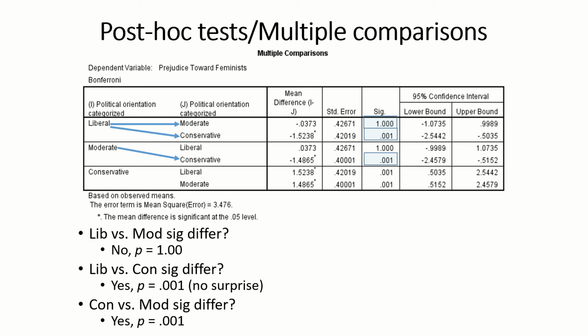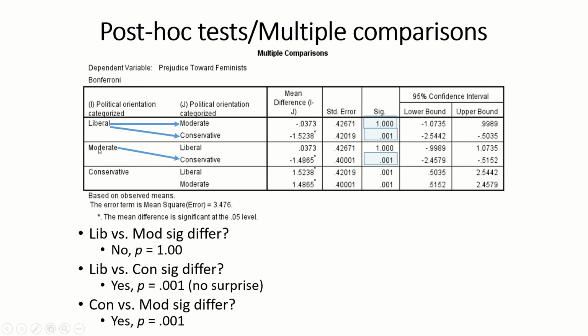And this is what we guessed in video 3, when we looked at the mean differences between liberals, moderates, and conservatives. It seemed like liberals and moderates were scoring similarly, while conservatives seemed to be reporting more prejudice compared to liberals and moderates. So the post-hoc comparisons table confirms our first glance at the mean scores from video 3.